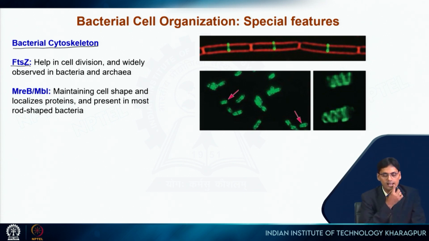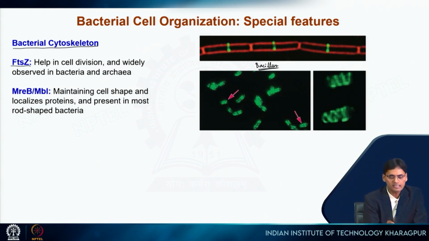This is very similar to, a homologue of, eukaryotic tubulin. It helps in cell division and is widely observed in many bacteria and archaea. For example, we are showing here in Bacillus. Bacillus are rod shaped bacteria.